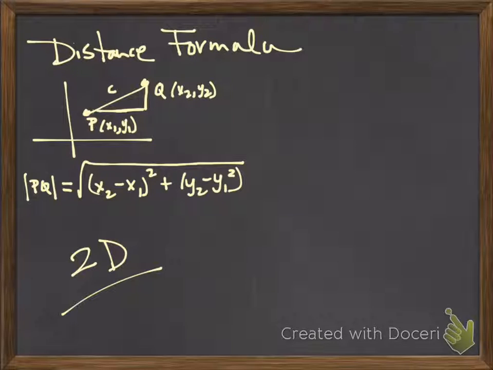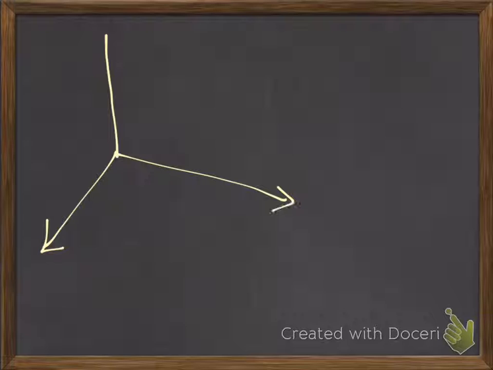Alright, so in order to do this in 3 space, we need to get a new board. So let's travel this way for the 3D formula, and bear with me as I try to draw these. So first, we will draw our 3D coordinate system to help us orient ourselves. Remember X, Y, Z, and you should always label your graphs here just like you should have always labeled them in 2 space.